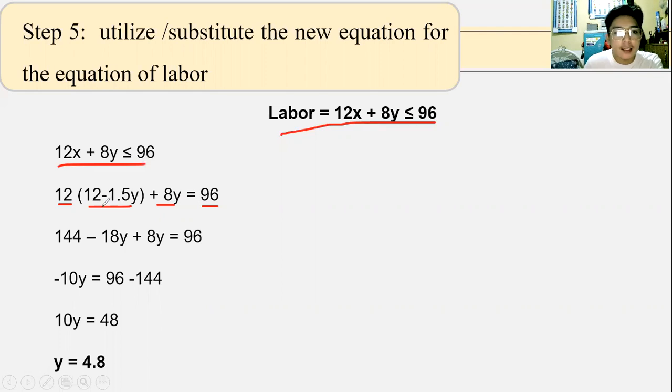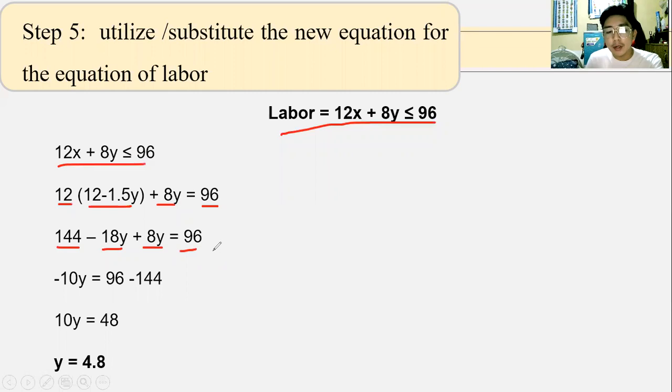First thing we're going to do is multiply the terms inside the parentheses by the value beside it. 12 times 12 is 144. 12 times 1.5y is 18y, and it's negative, so minus 18y. Then we just bring down the 8y and the 96.